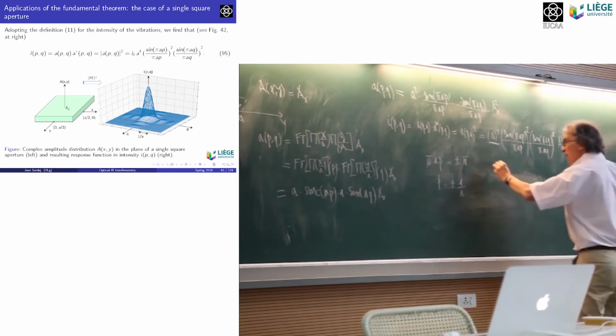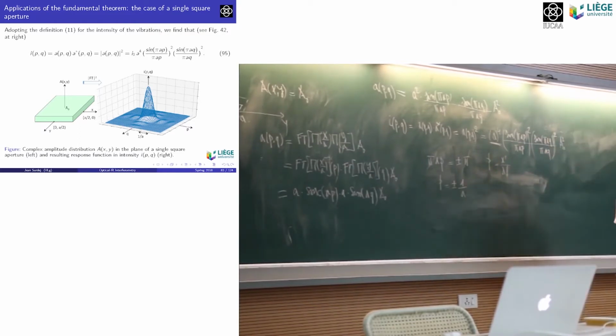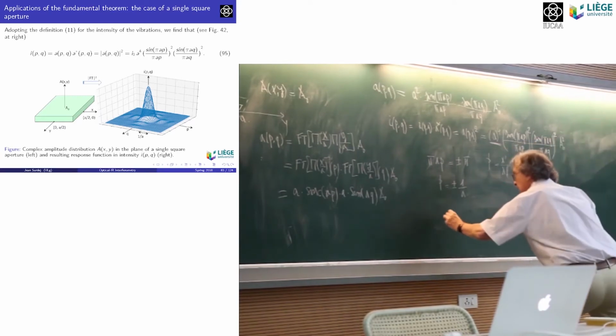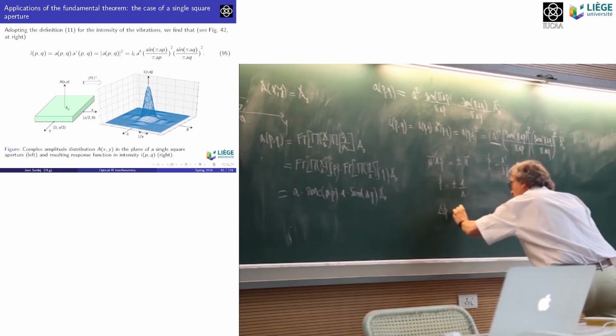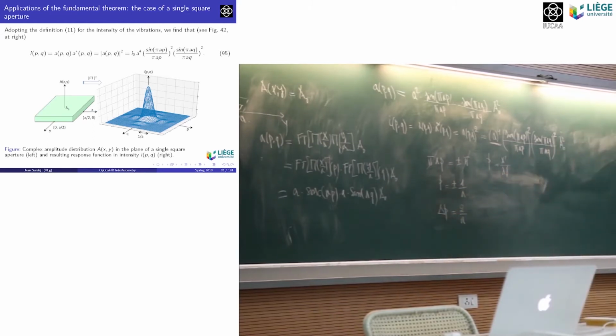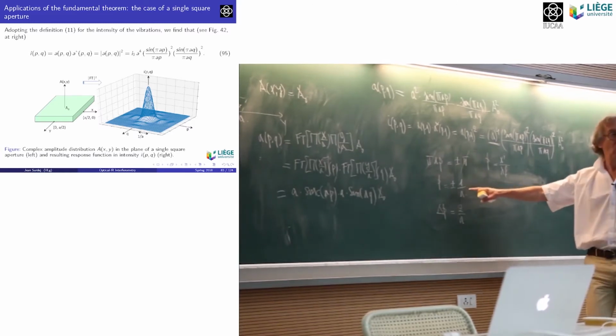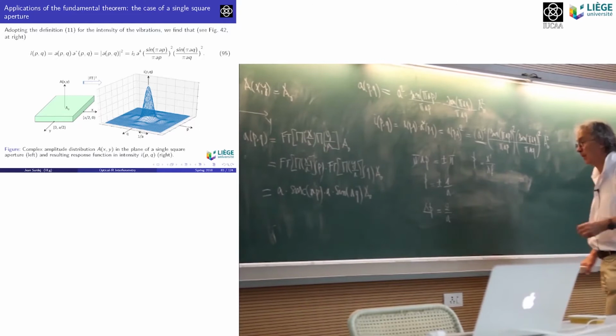Now p, I remind you, is equal to x prime divided by lambda f. So here I could write that delta p, the width of the peak, is equal to 2 over a, because 1 over a minus minus 1 over a is 2 over a.